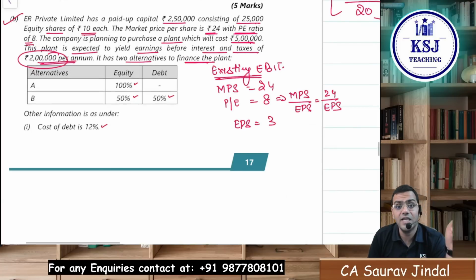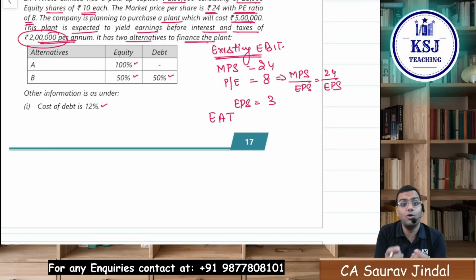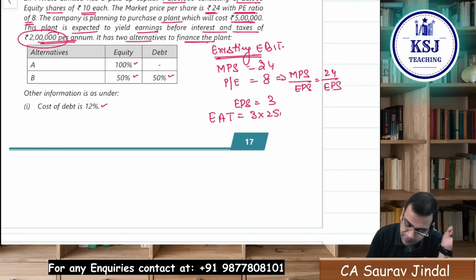This is earnings per share. Can you calculate the total earnings, or we can say earnings after tax? This EPS is paid out of earnings after tax, because there is no preference share capital. So this is your residual earnings. So earnings after tax is how much? 3 multiplied by 25,000 shares. 75,000.